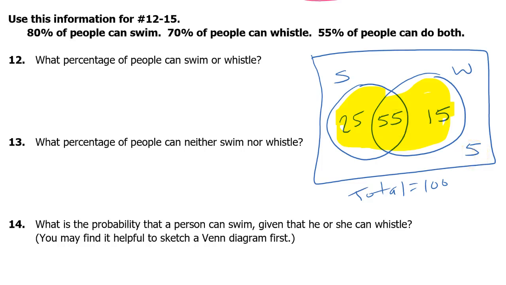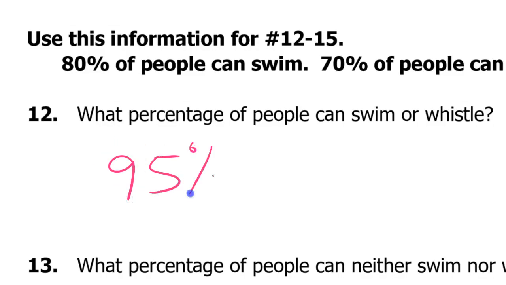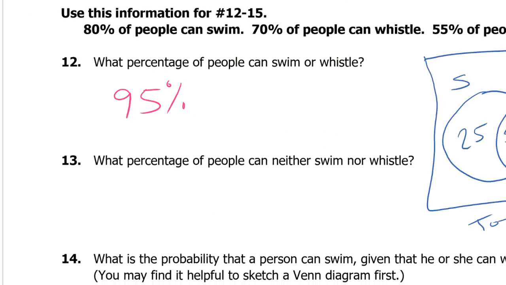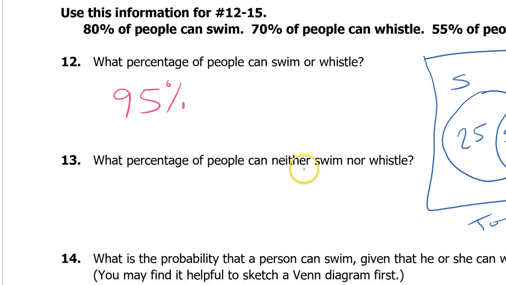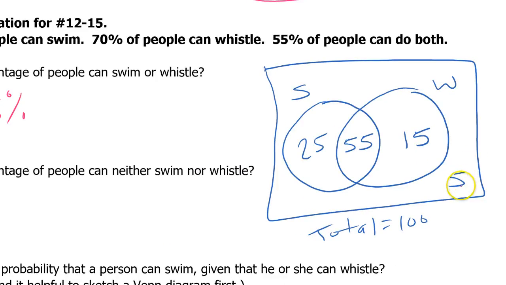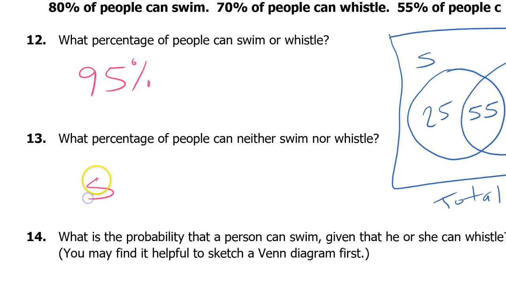So 95%. What percentage of people can neither swim nor whistle? Well, that's that 5% out here, the people who can't swim or whistle. So there's 5%.